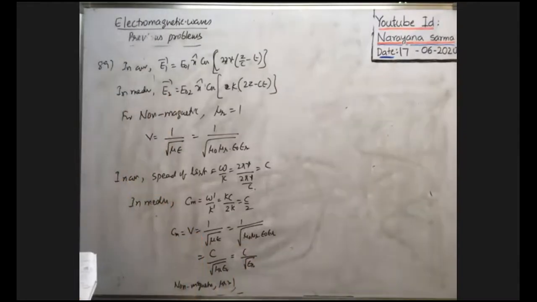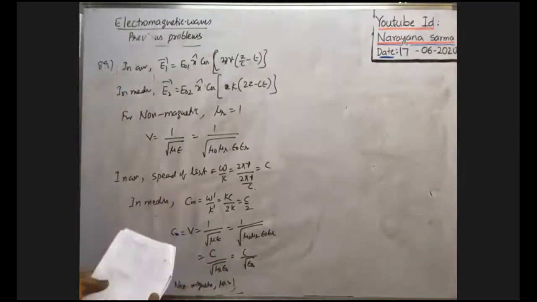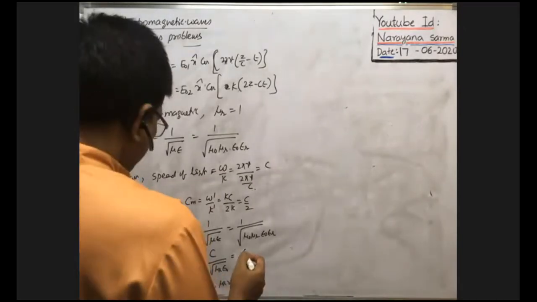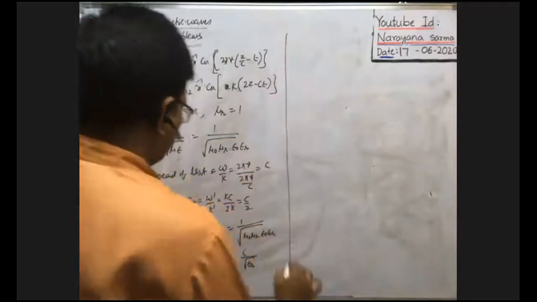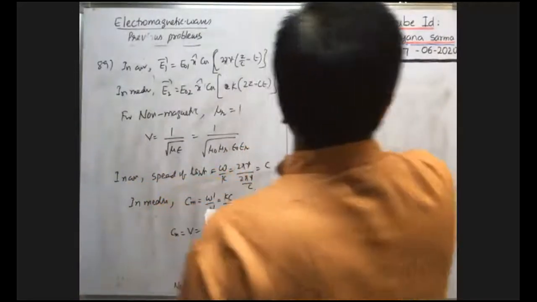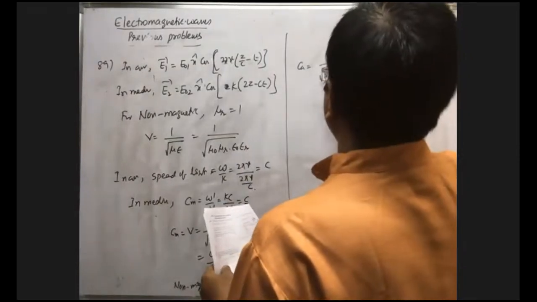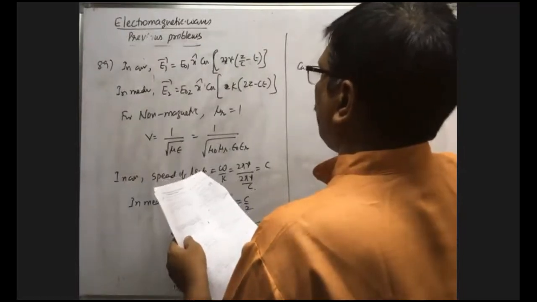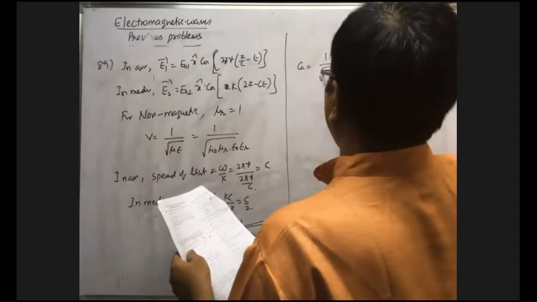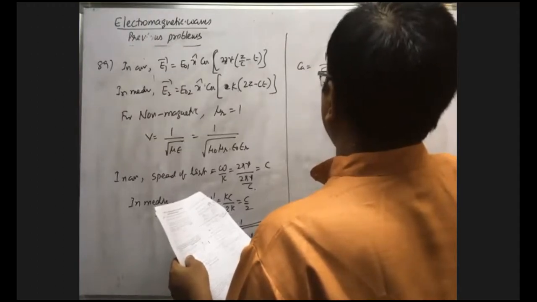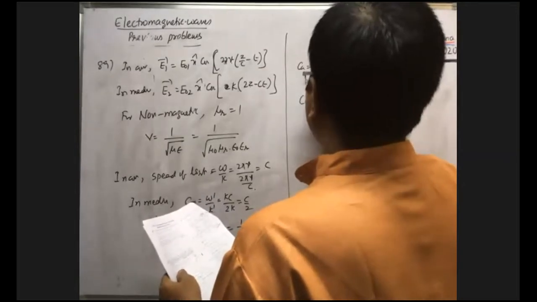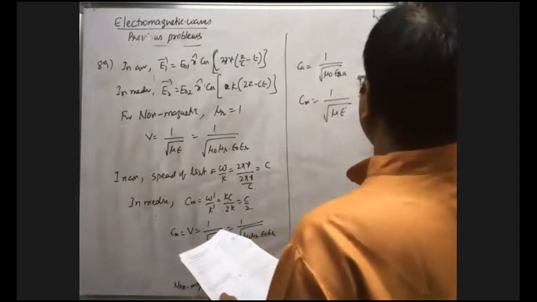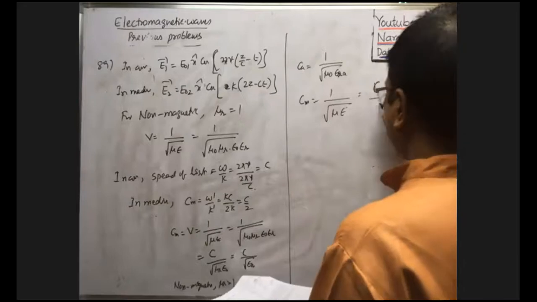What about the epsilon r value? In air or vacuum, speed of light is 1 by root mu naught epsilon naught, and in the medium it is 1 by square root of mu epsilon, equal to c in air divided by root epsilon r.